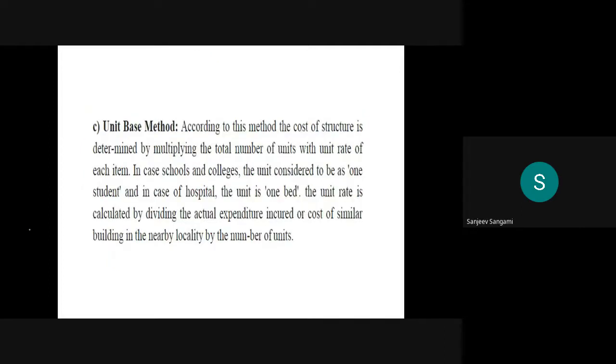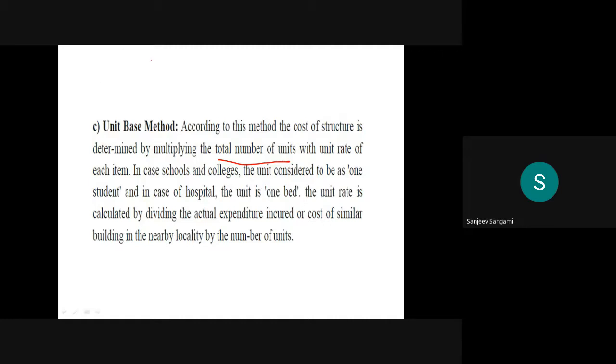Then what is the unit-based method? Normally it is per volume. Per volume, how many rupees have to be kept, that we have to take up. According to this method, the cost of the structure is determined by multiplying the total number of units with the unit rates of each item.